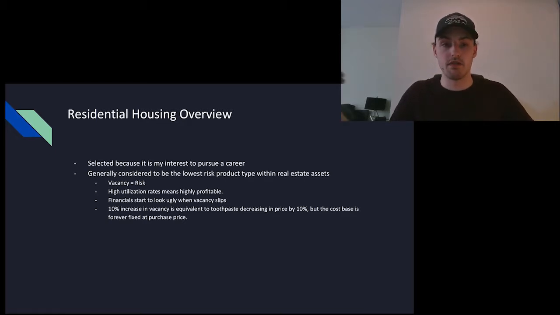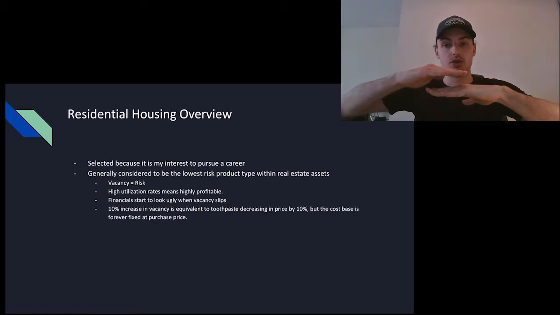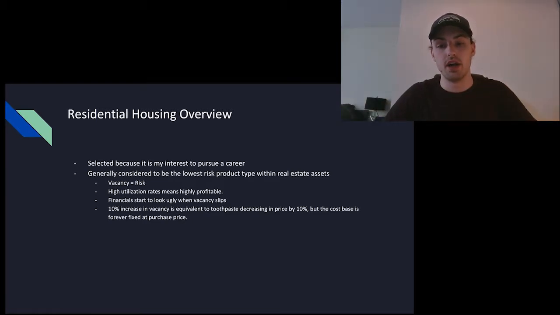Things turn sour very quickly and can go cash flow negative when your vacancy spikes like that, because your top line dollars just aren't there any longer, and usually you have all of your operating costs at the same rate. So your cost base stays the same, and your top line revenue shrinks and shrinks until the building becomes cash flow negative and starts needing injection from exterior sources.